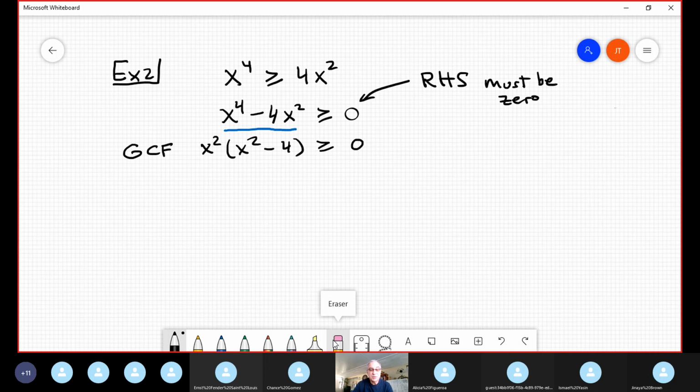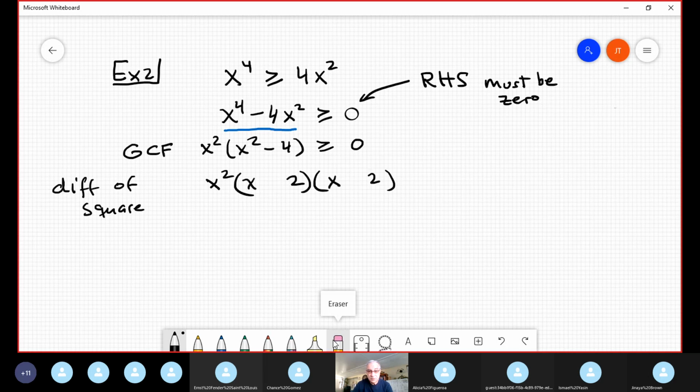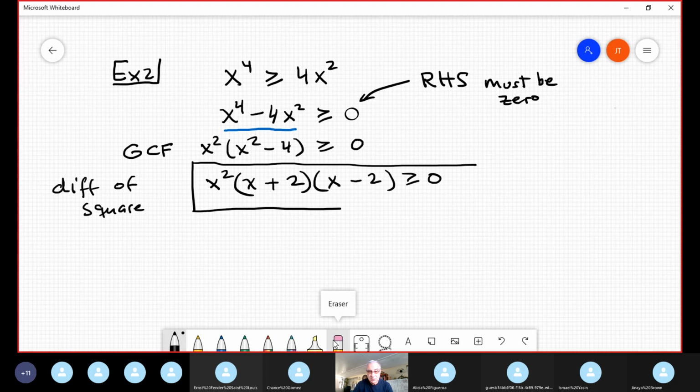Now I see again, because I factor completely, we have a difference of squares. The factorization is, open two parentheses, x and 2, plus or minus. Nice. And this I enclose in a box because this is the inequality that I focus on to solve.